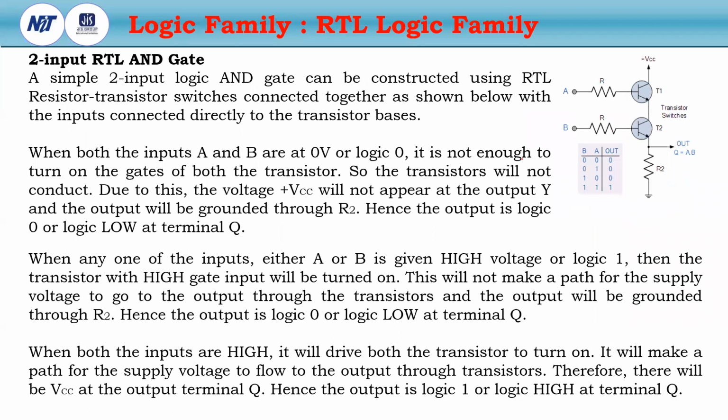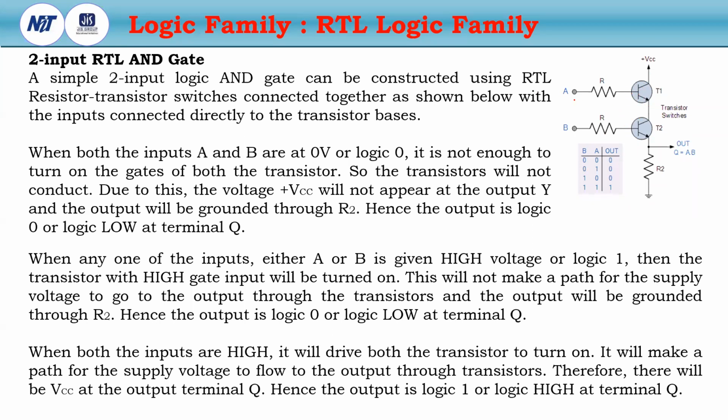Okay. Now if we want to design an AND gate, then what happens? If both inputs A and B are 0 volts or logic 0, then it is not enough to turn on both the transistors. This is the gate, collector, base, and emitter. So this is the gate of the transistor.